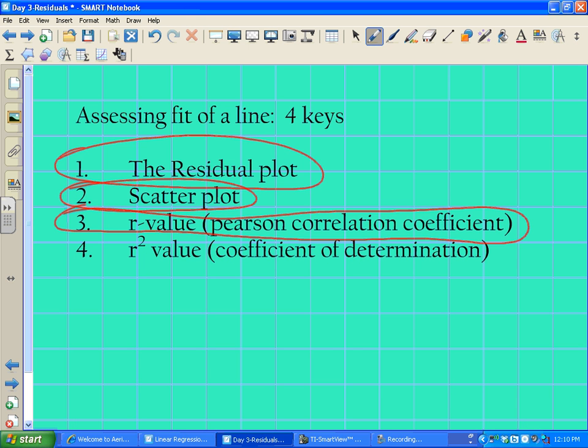Tomorrow we're going to talk about R squared and standard error, which is the standard deviation of the residuals. And that's about it for linear regression. It's nice, it's easy. Hopefully you're getting the idea that it's not the calculator doing the work; it's about us understanding what the calculator is doing for us.